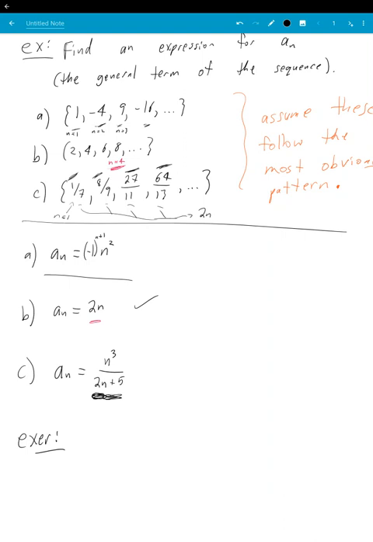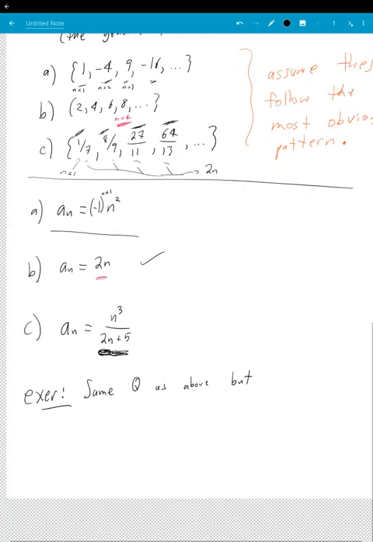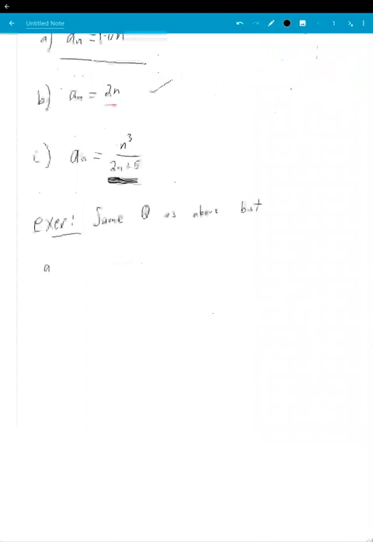Okay, exercise. Same question as above, but, oh, I lost my notes here. Where are they going? A: -1, 1, -1, 1, dot dot dot.